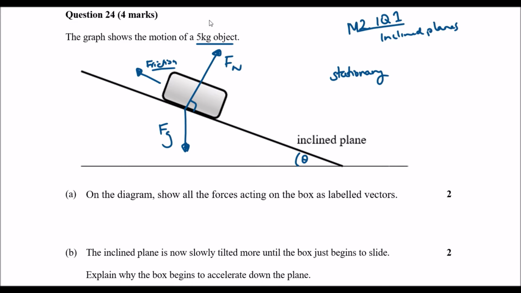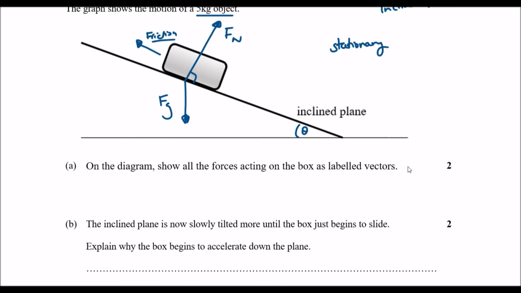But it's quite rare you'd come across questions that exclusively look for friction. If you just draw the gravitational force pointing down, and the normal force going perpendicular to the surface, that would be enough to get you the 2 marks here.